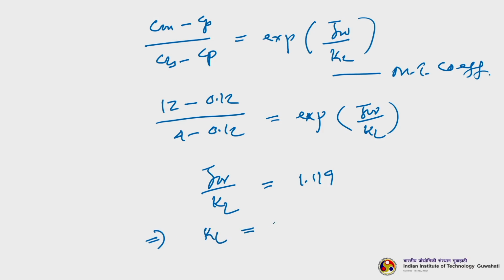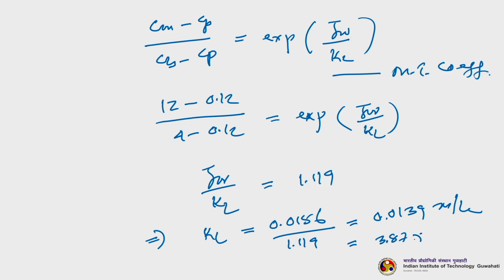The mass transfer coefficient Kl is 0.0156 divided by 1.119, which is 0.0139 meter per hour, or we can write it as 3.87 into 10 to the power of minus 6 meter per second. Usually the mass transfer coefficient is expressed in meter per second. So you get your mass transfer coefficient on the feed side to be 3.87 into 10 to the power of minus 6 meter per second.